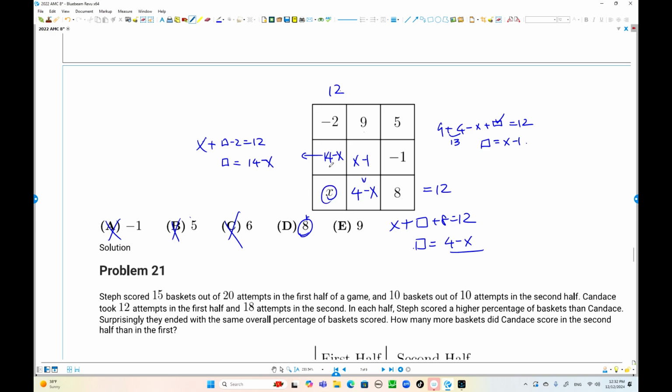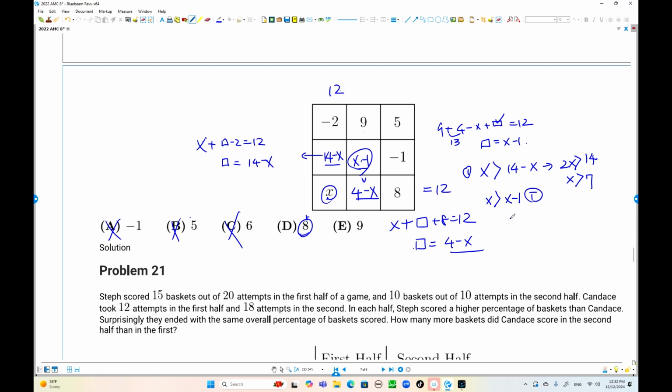So x is greater than this one, this one, this one, okay? So x should be greater than 14 minus x. That equals what? 2x is greater than 14, x is greater than 7, right? Second one. Also, x must be greater than x minus 1. Right? That's true. This is already true.